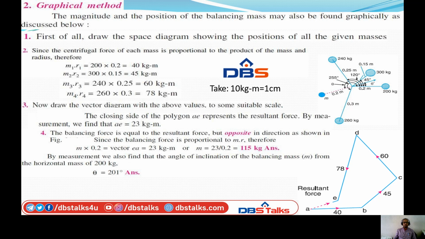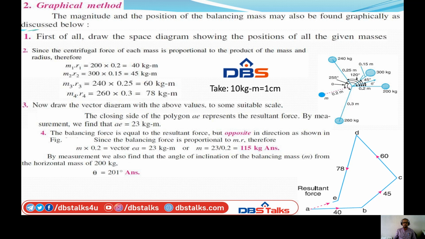Okay, then firstly draw the mass 1. The position of mass 1 is horizontal. So let us take a horizontal line. The vector diagram is based on the centrifugal force. So what is the centrifugal force? It is given as 40 kg meter.